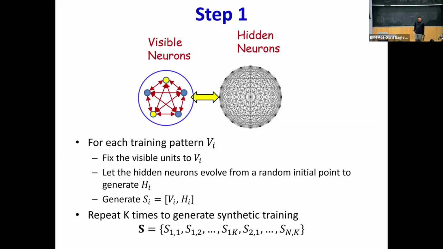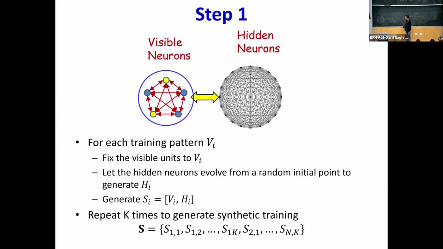You don't know what they're supposed to be. We are going to optimize the process of filling those in. So what we would do is initialize the network, fix these visible bits, and let the network evolve so that only these things change without ever letting these bits be modified. And that's going to be the completed pattern that we use over here.